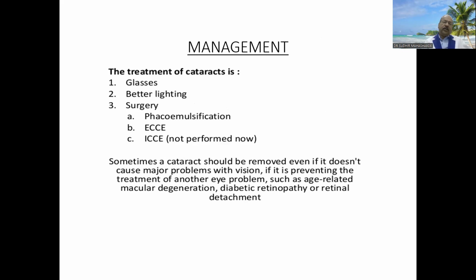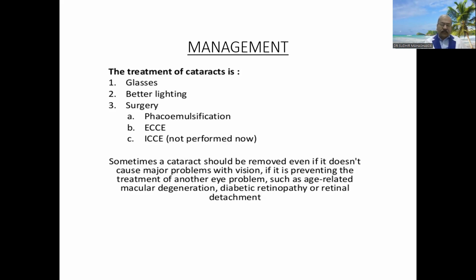Initially, as long as the vision can be corrected with glasses and improved lighting, the patient can carry on. But if the vision does not improve with glasses and improved light, then surgery is the only option.